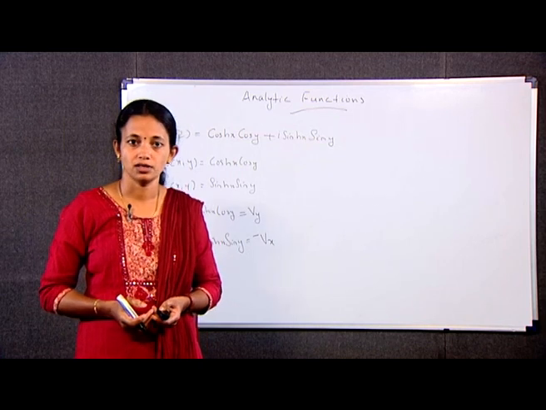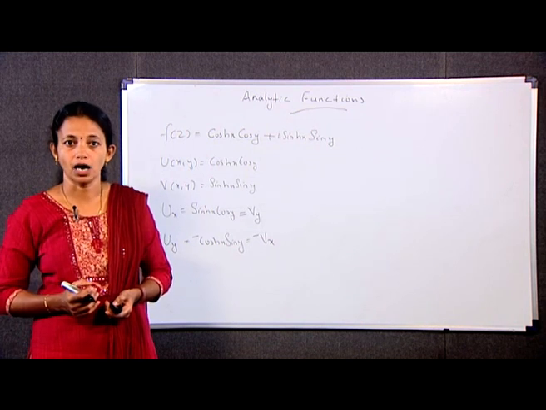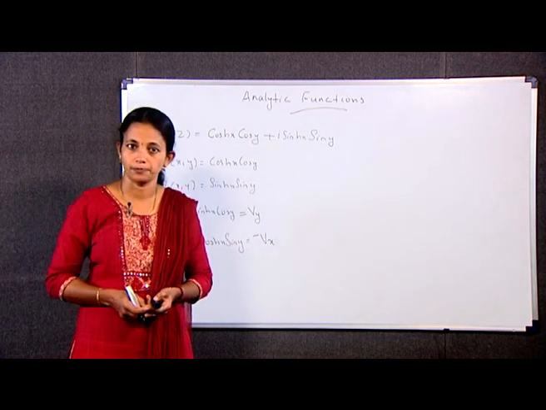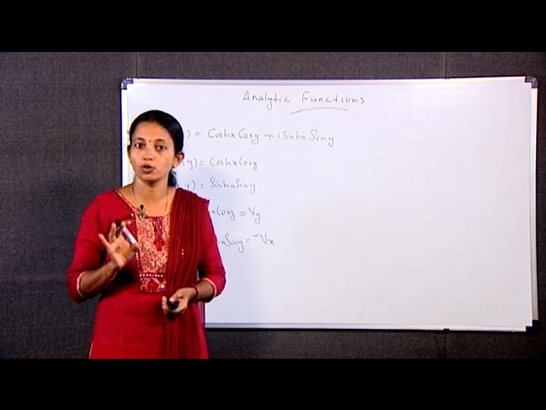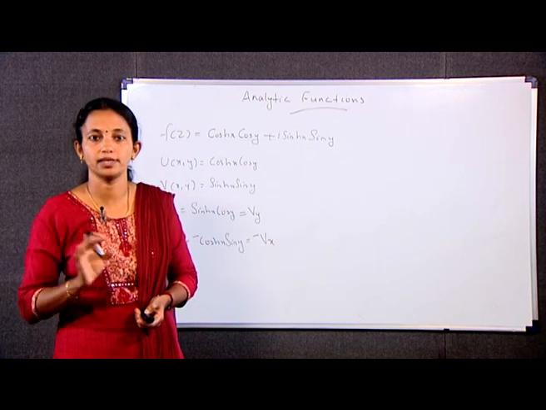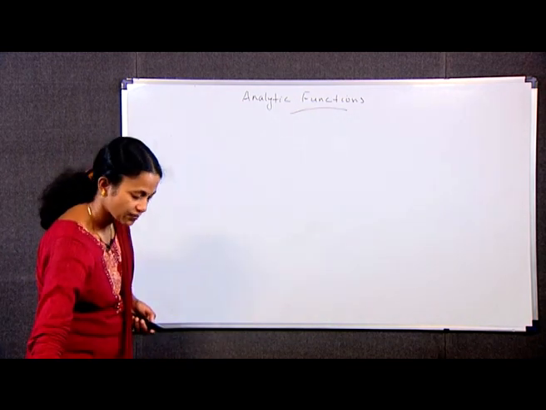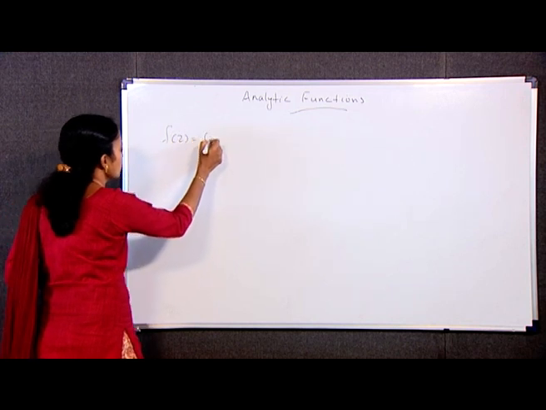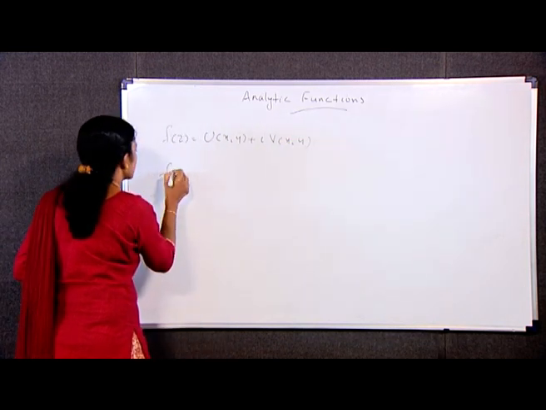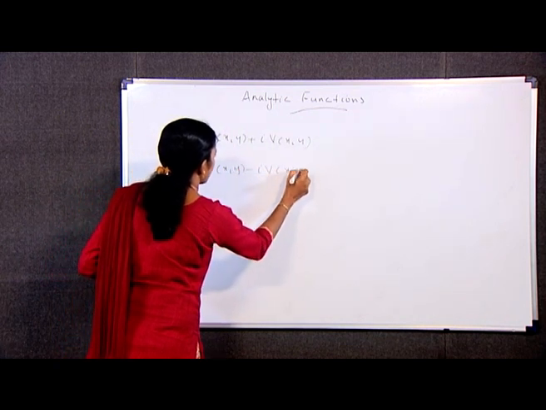Next, we have a function f(z) is equal to u(x,y) plus i v(x,y) and its conjugate, f(z) bar, which is equal to u(x,y) minus i v(x,y), are both analytic in a given domain D. We have to show that f(z) must be constant throughout D. Here f(z) is equal to u plus iv and f(z) bar is equal to u minus iv.